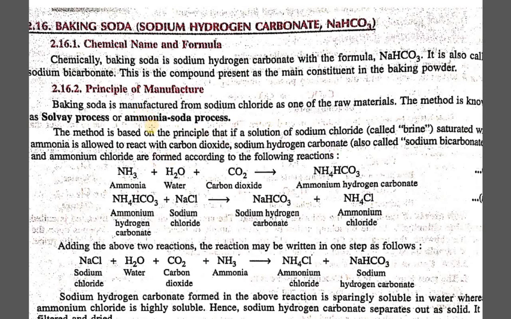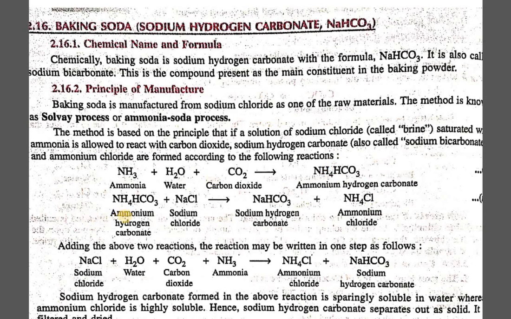This method is based on the principle that if a solution of sodium chloride called brine is saturated with ammonia and allowed to react with carbon dioxide, sodium bicarbonate and ammonium chloride are formed according to the following reaction. When we take ammonia and dissolve it in water and pass carbon dioxide, it leads to the formation of ammonium hydrogen carbonate.